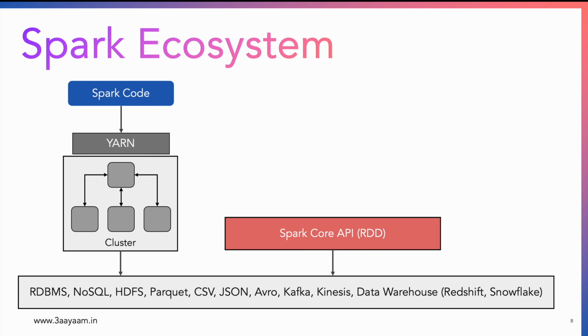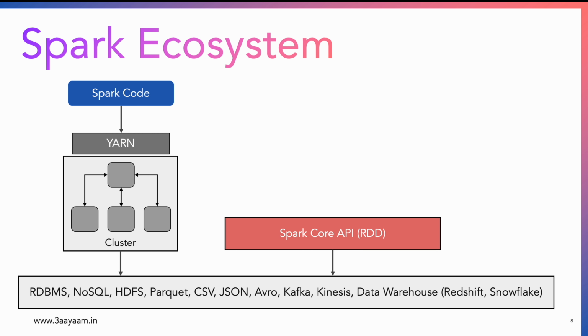It can be relational databases, NoSQL databases. It can be data warehousing systems, cloud distributed storage like S3, GCS, or batch files like Parquet, CSV, Avro, etc. Or it can be stream processing layers like Kafka and Kinesis also. So this is the Spark Core API.